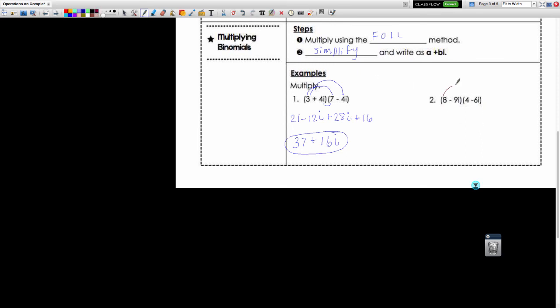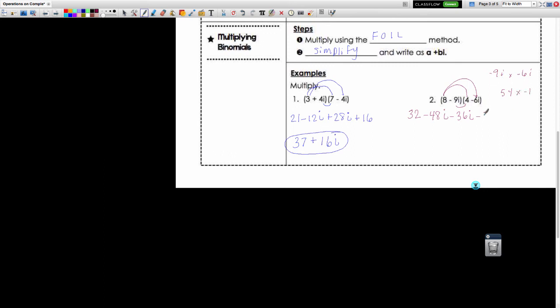We have 8 times 4, which is 32. We have 8 times a negative 6i, which is negative 48i. We have a negative 9i times 4, which is a negative 36i. And we have a negative 9i times a negative 6i. Negative 9 times a negative 6 is a positive 54, but i times i is a negative 1.